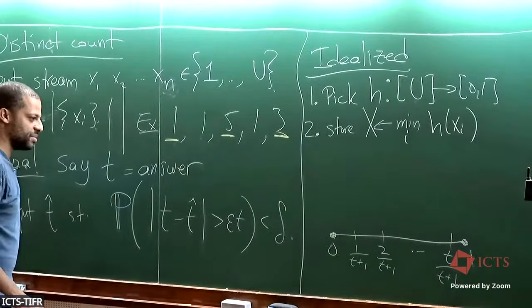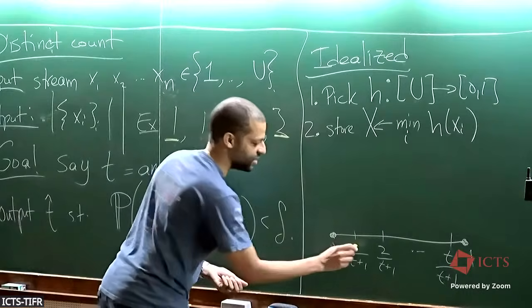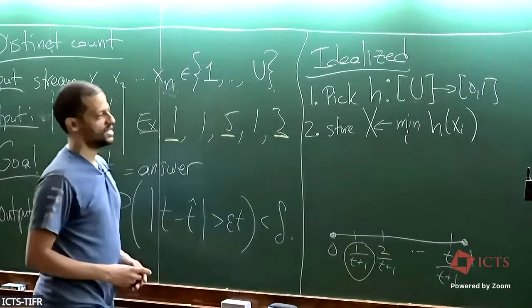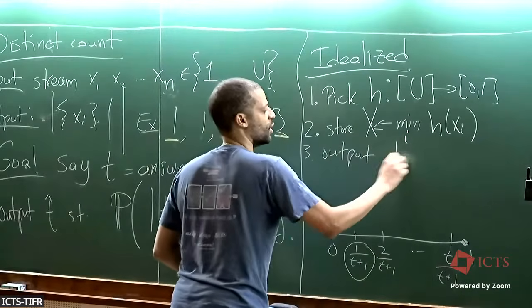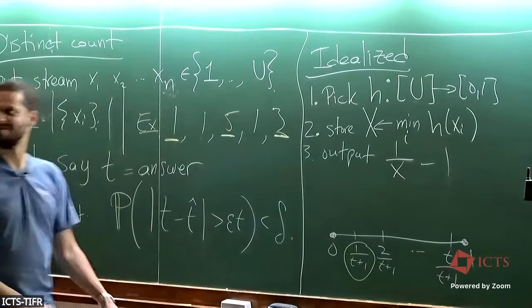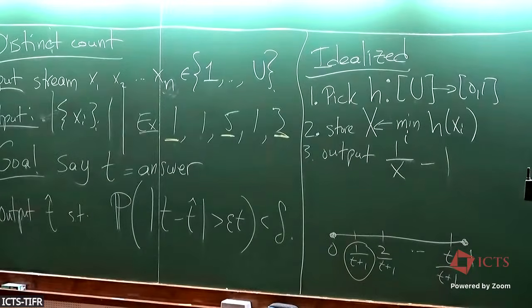And if I'm storing the minimum, then I'm storing this value. So I'm going to output 1 over x minus 1. Okay?